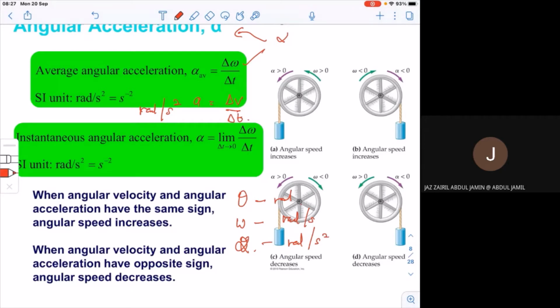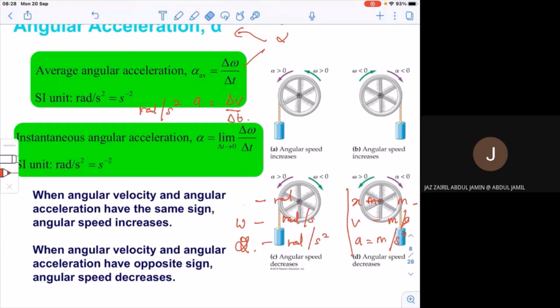It is also quite similar to linear, where we have x in meter, v in meter per second, and a in meter per second square. I have given some comparison between the angular and linear parts, but we will discuss it later.